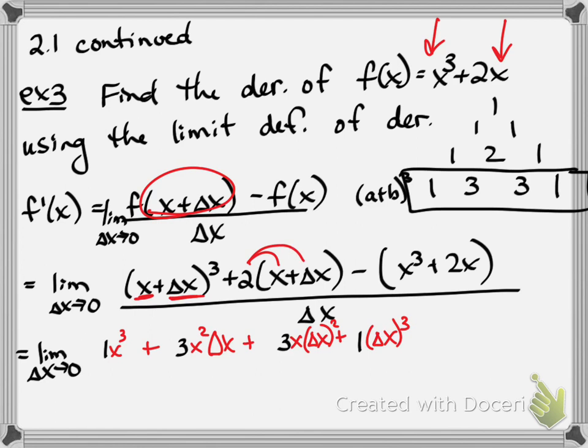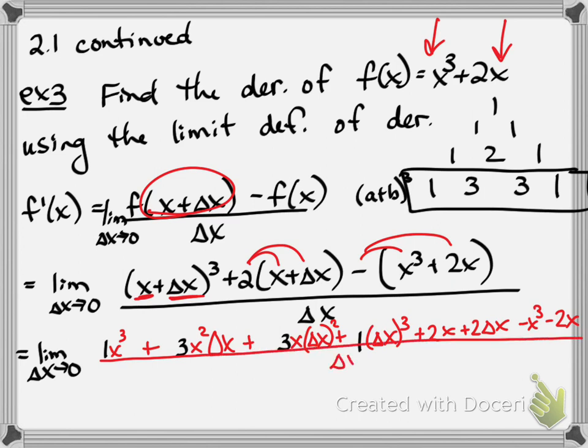Then we can distribute here, and then we can distribute this negative. Lots of things should divide out for us, or subtract out for us. The x cubes do, the 2x does, and do we have any like terms?